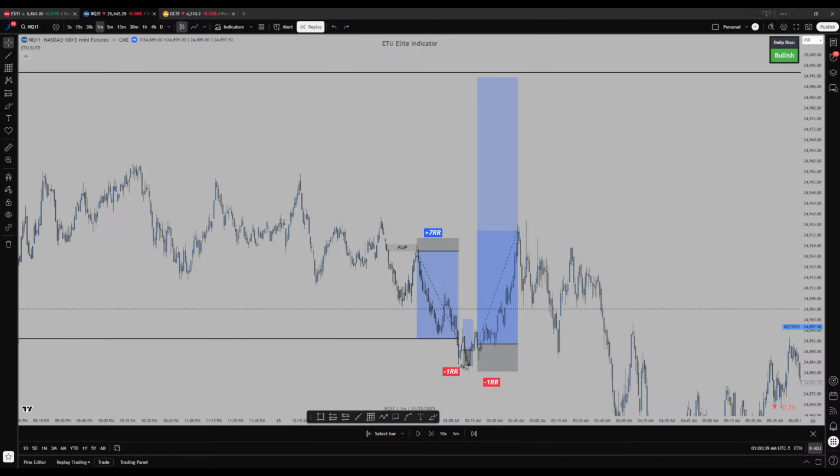Not always, I've definitely seen some students' data, or other people's data as well, where your risk reward is low. Like 2 risk reward is low risk reward. For my system, you should be averaging around 3.